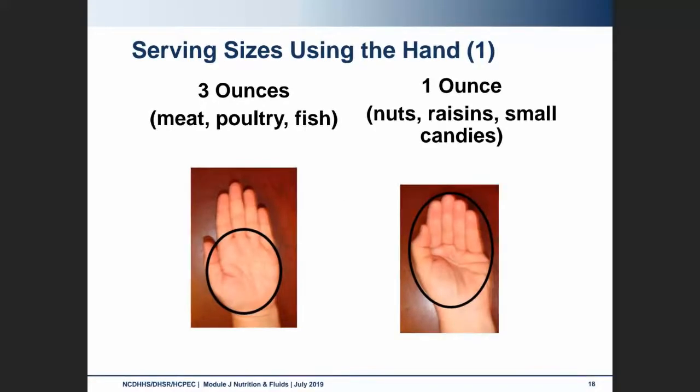In general, if you're looking at the palm of your hand, that's about a serving size of things like meat, poultry, or fish. A handful is about a serving size of things like nuts or raisins or a small candy.